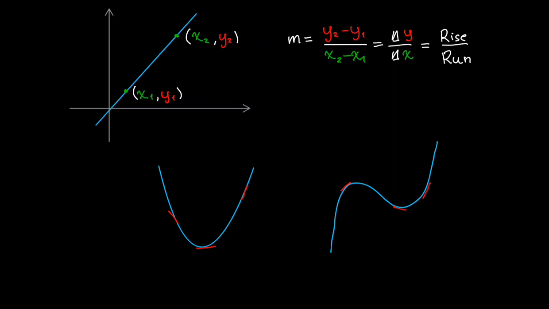And thus, the concept of derivatives exists in order to help us evaluate the gradient at a specific point. In the case that we need a general expression for the gradient at all points on the graph, the derivative can also help us achieve just that.